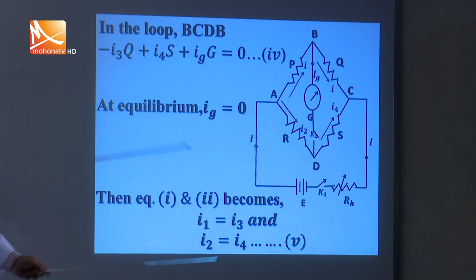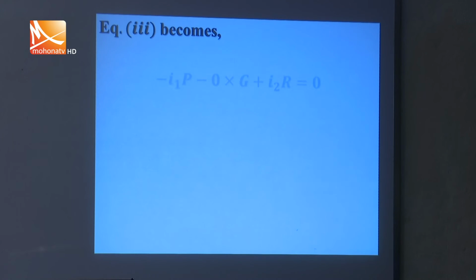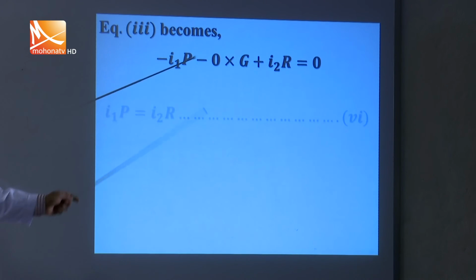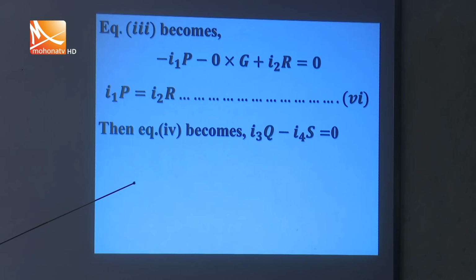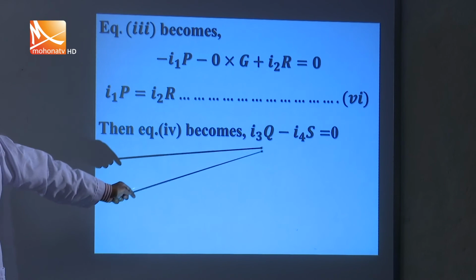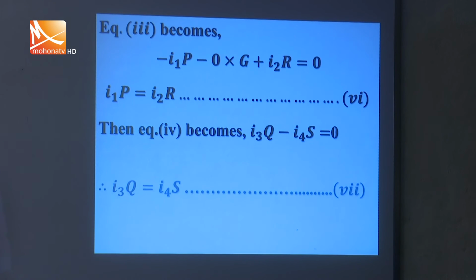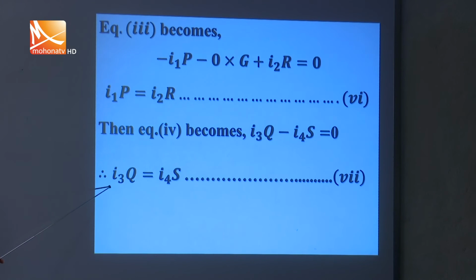Now, we have to apply Ig equals 0 in equations 3 and 4. Then equation 3 becomes I1P equals I2R, which is denoted by equation 6, and now equation 4 becomes I3Q minus I4S equals 0, which can be written as I3Q equals I4S.